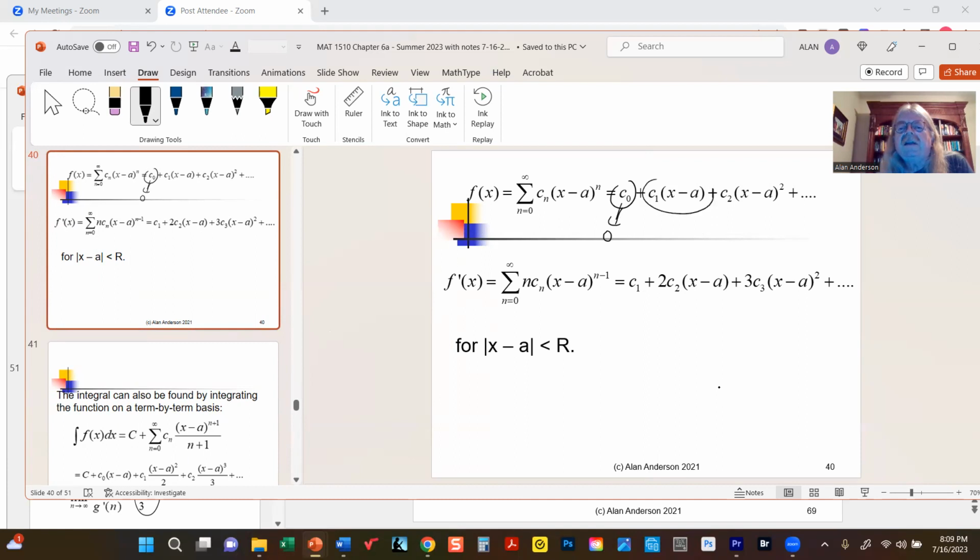And this is with respect to x, by the way. This is f prime of x. You can write this in the most general terms using the power rule as n Cn times x minus a to the n minus 1 power. But what you're basically doing is taking the derivative of each one using the power rule.